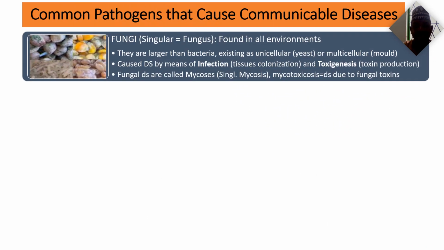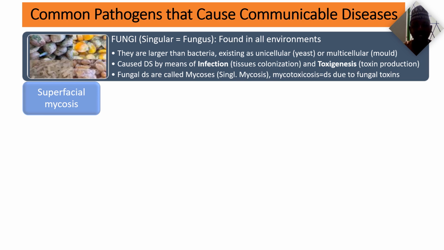Now, having said much on the viruses, let us look at the fungal diseases. Fungi, singular fungus, are also found in almost all environments. They are generally larger than bacteria, and they exist in unicellular form called yeast or multicellular form called mold.